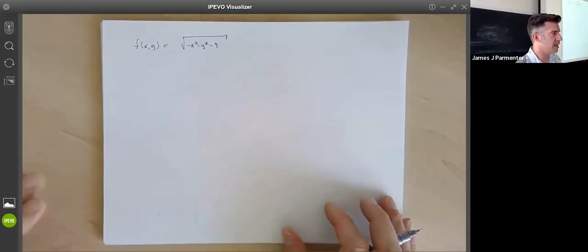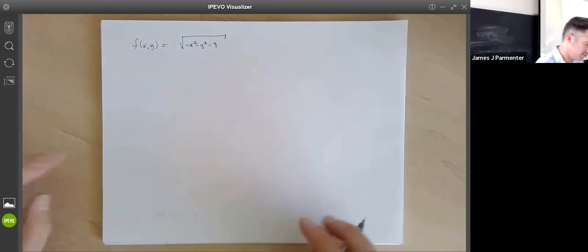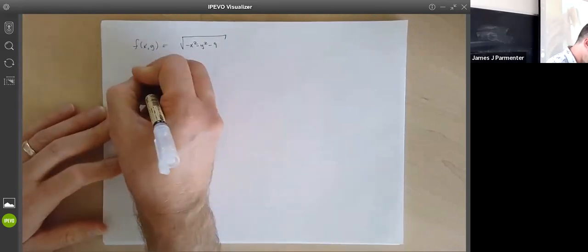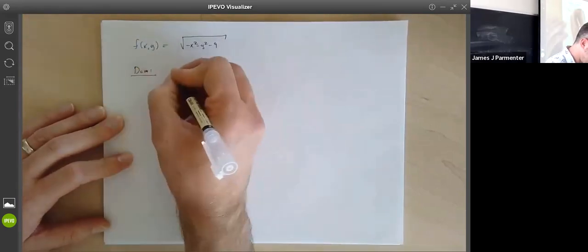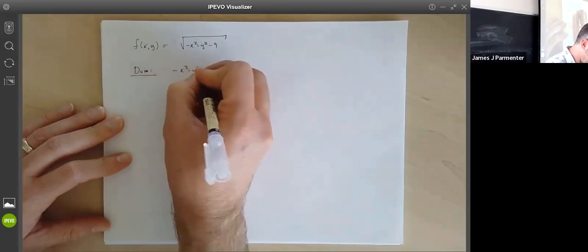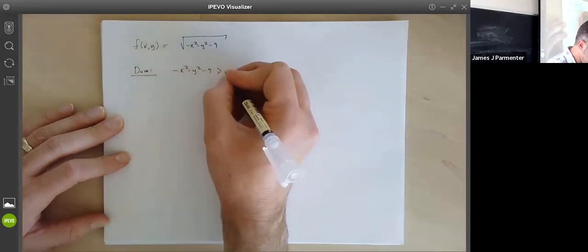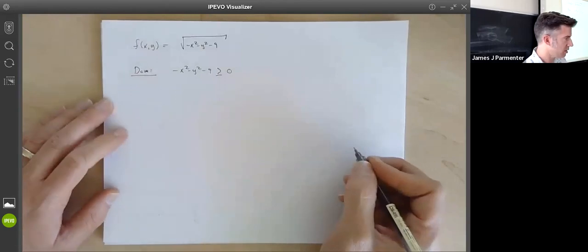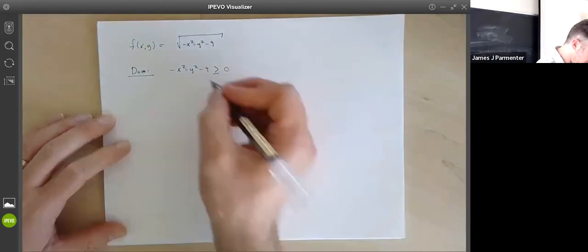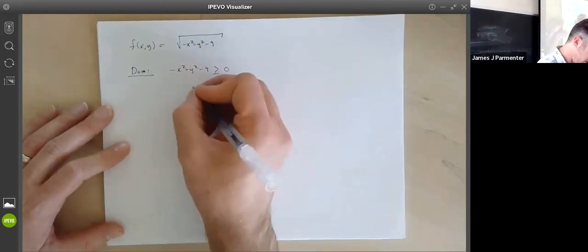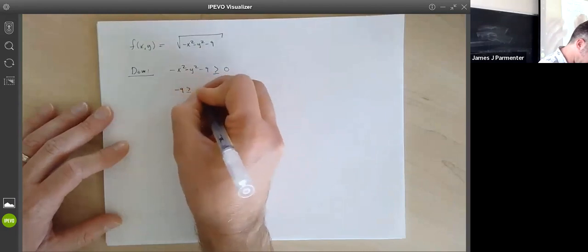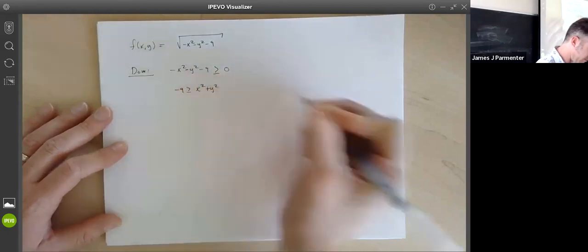This is not going to be a very exciting function. Domain. So negative x squared minus y squared minus 9 has to be greater than or equal to 0. I bring the x squared plus y squared over to the other side. I have negative 9 bigger than or equal to x squared plus y squared.